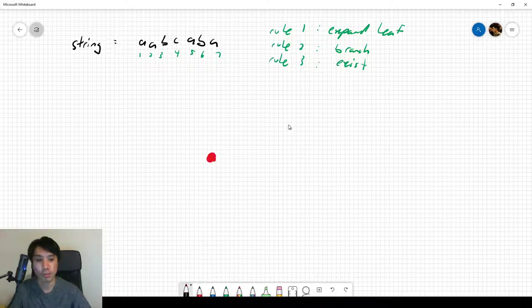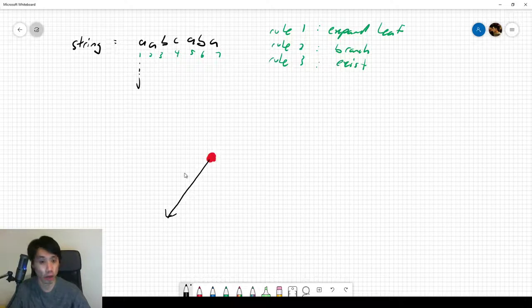Let's use a black. Our I will be here and our J will be here. When my I is 1 and my J is 1, I begin here. I'm going to use rule number 2 because I'm branching out from my root.